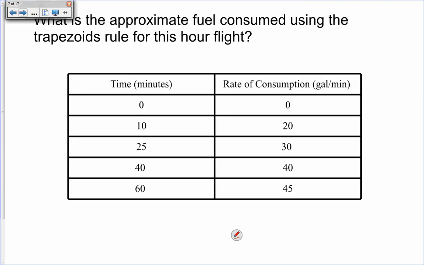And again, in this last example, we're given data just like we were in the previous example, but you have to notice delta x is different over every data point. So again, we have to calculate the area of each trapezoid separately and add them up.